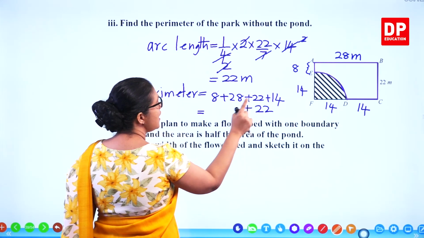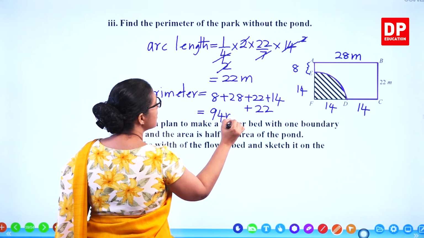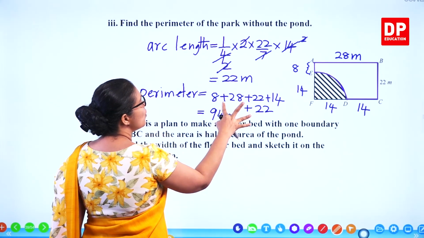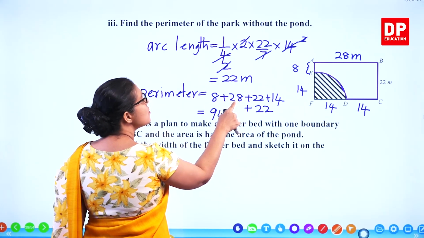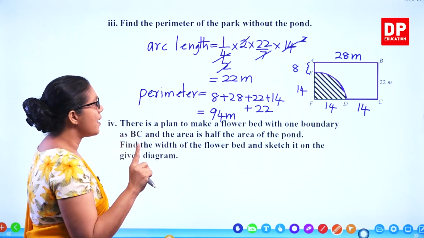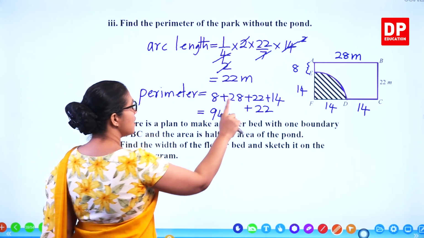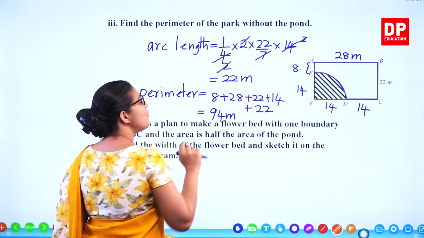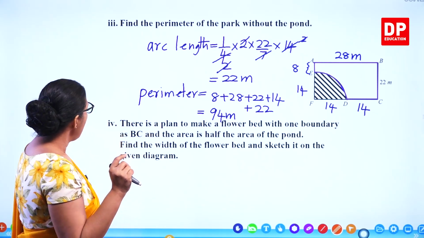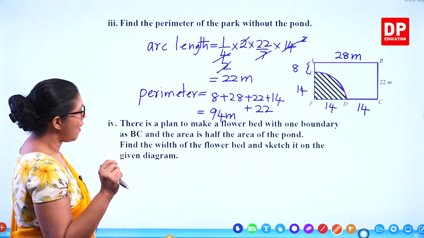And this 14, 94. Again check, 94 meters. 8 and 22, you get 30. 28, that's 58, and 58 plus 22, you get 80, and then 14, 94. So that's the answer.